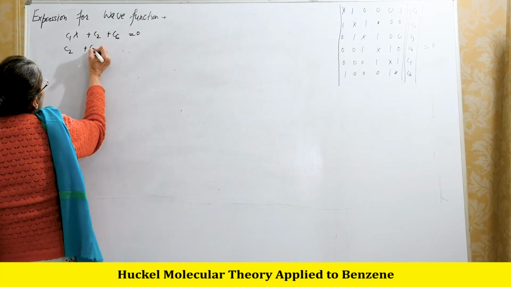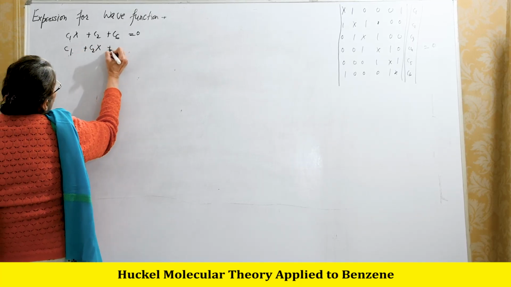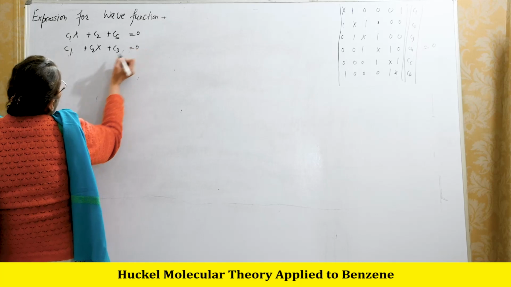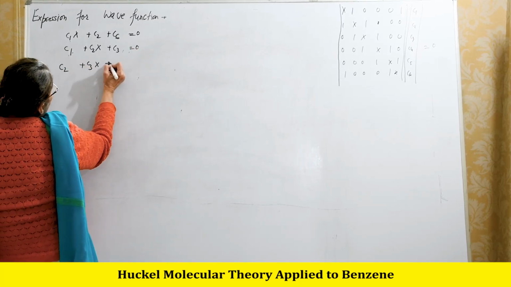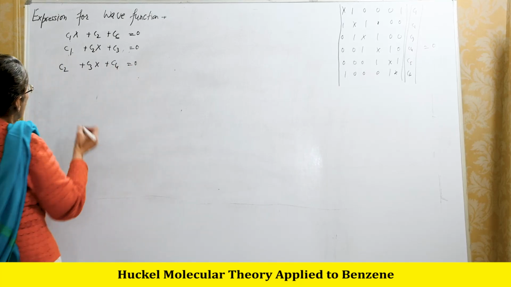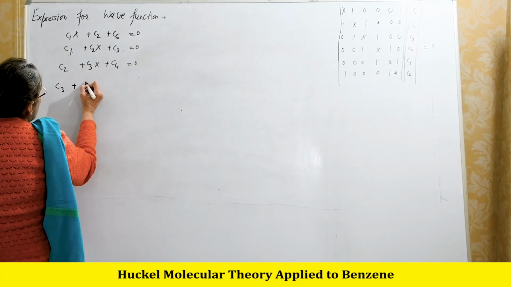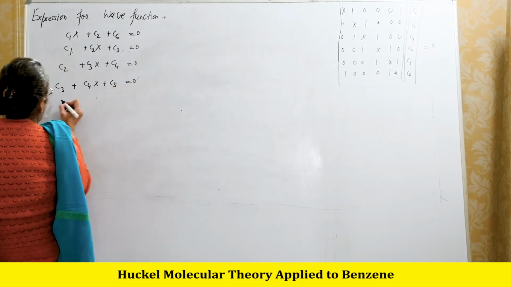C2 plus C2x, C1 plus C2x plus C3 is equal to 0. C2 plus C3x plus C4 is equal to 0. C3 plus C4x plus C5 is equal to 0.